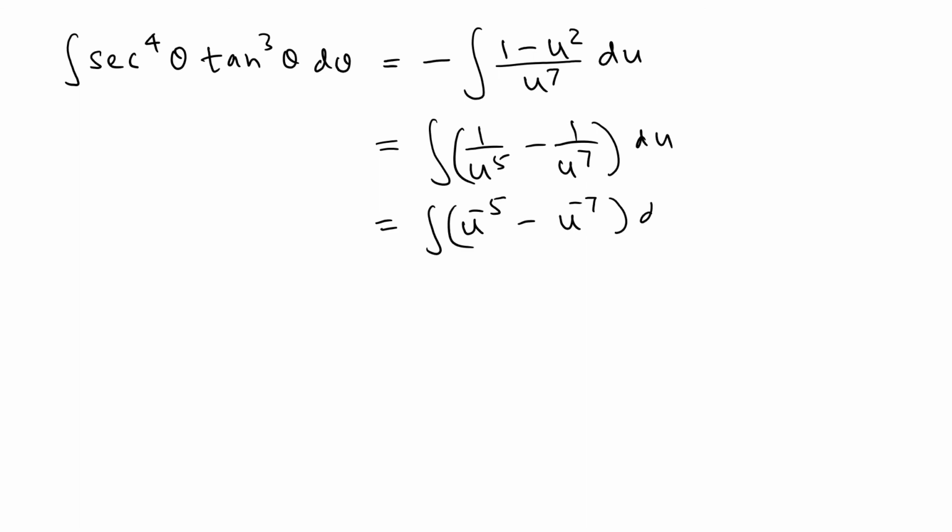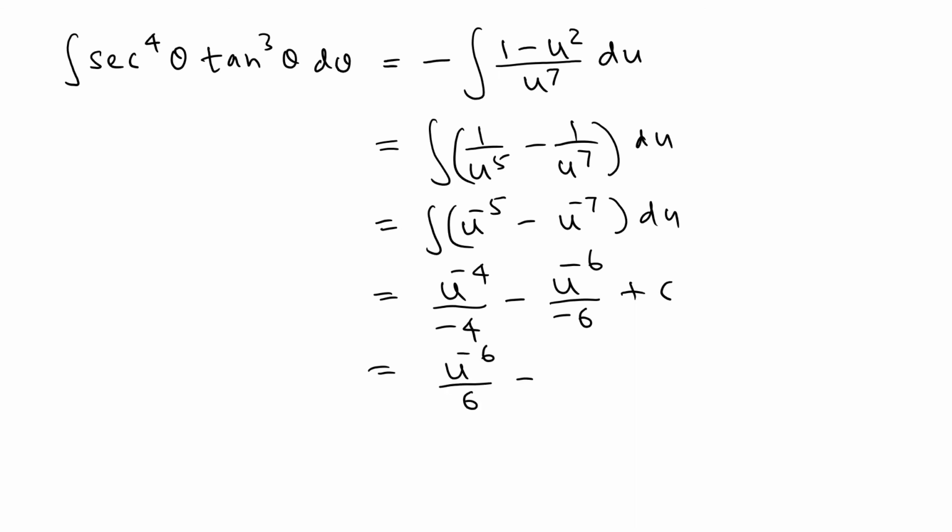Now this is very easy to integrate. If you integrate, you get u to the negative 4 over negative 4 minus u to the negative 6 over negative 6 plus c. So that means you can rewrite this as u to the negative 6 over 6 minus u to the negative 4 over 4 plus c.